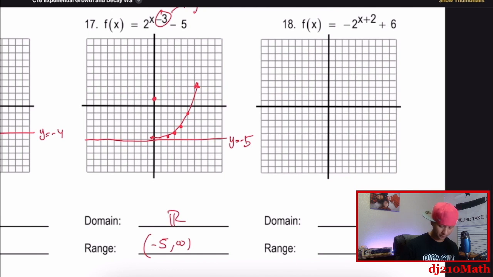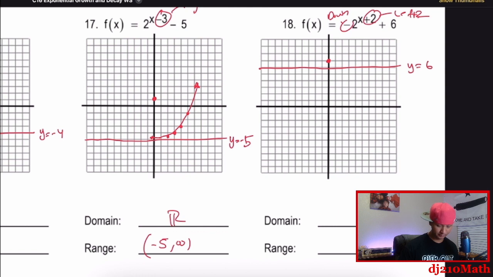So plus 6. 1, 2, 3, 4, 5, 6. Y equals 6. It's reflected down and then left 2. So normally 0, 1 would be the spot where it goes, right? But that's not the case.